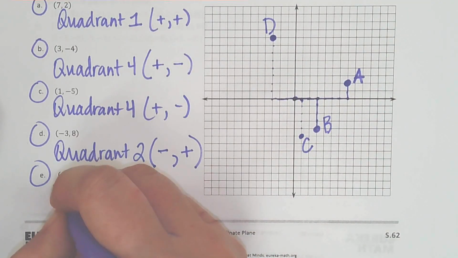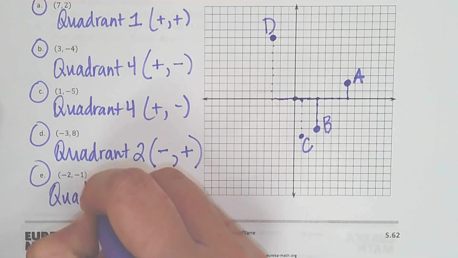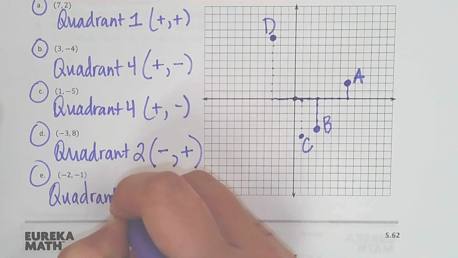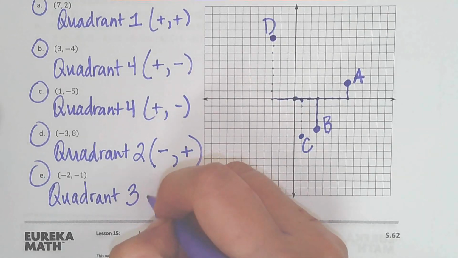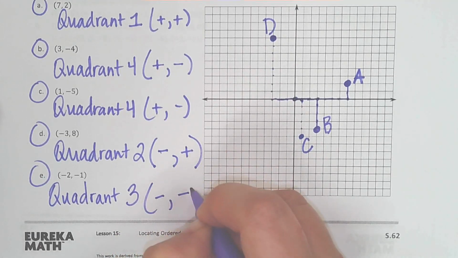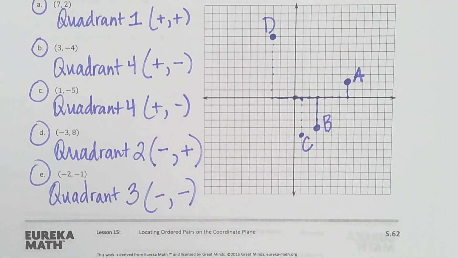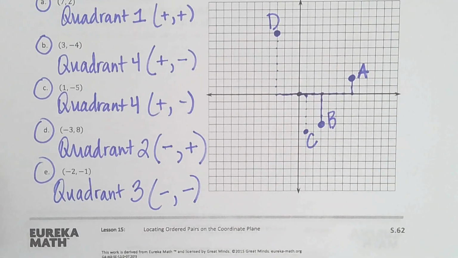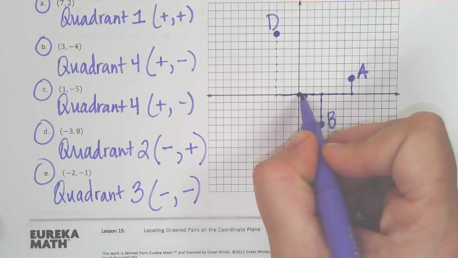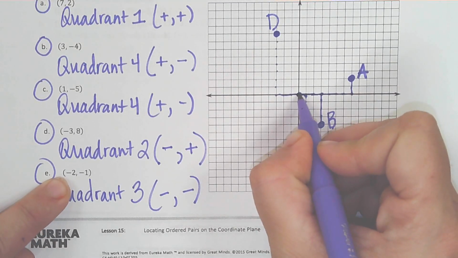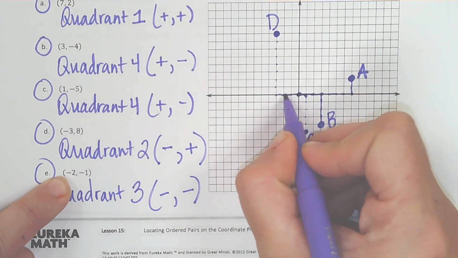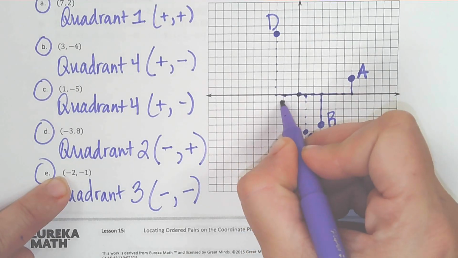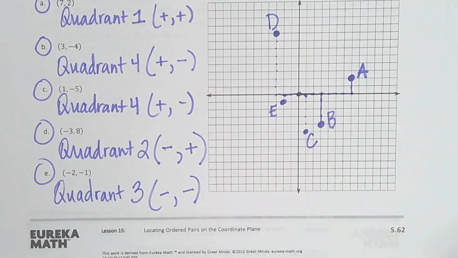So if you memorize that quadrant 1 is made up of all positive, and you memorize quadrant 3 is made up of all negative, it might help you shorten working something out, okay? But you can always plot it to check your work to see if it's in quadrant 3. So let's see. E is going to be going to the left 2, and go down 1. And is it in quadrant 3?